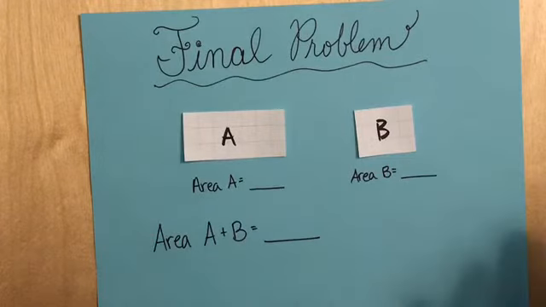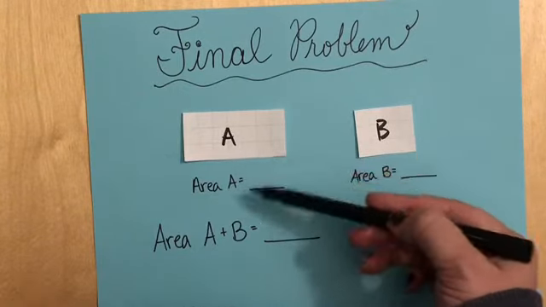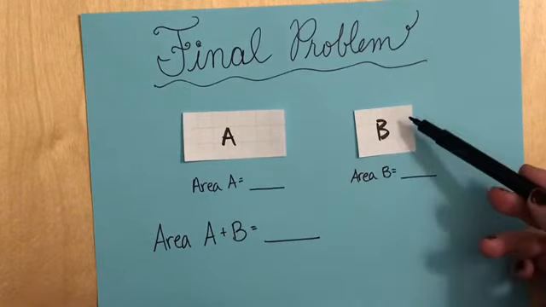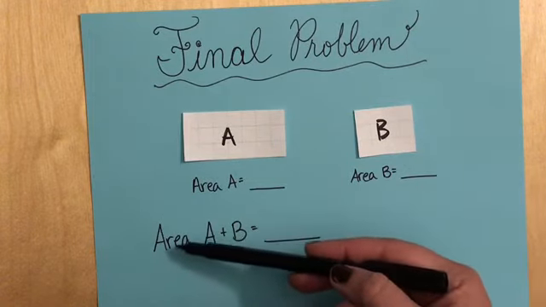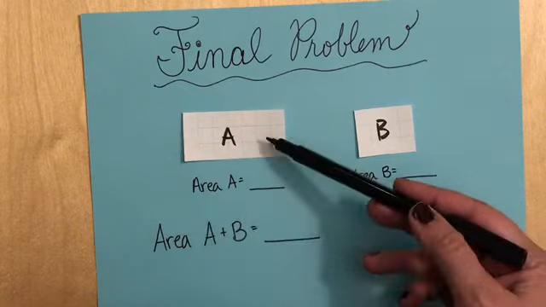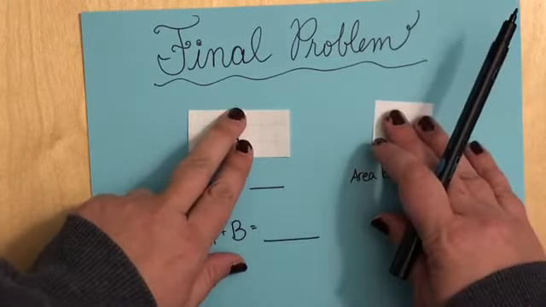Time for your final problem. You have 2 rectangles to look at, rectangle A, rectangle B. Your job is to find the area of rectangle A and the area of rectangle B. And then I want you to show me what is the combined area of rectangle A plus rectangle B if we were to put them back together again.